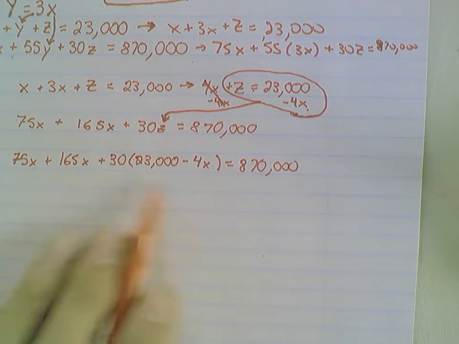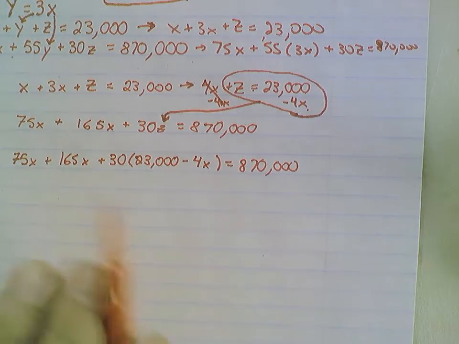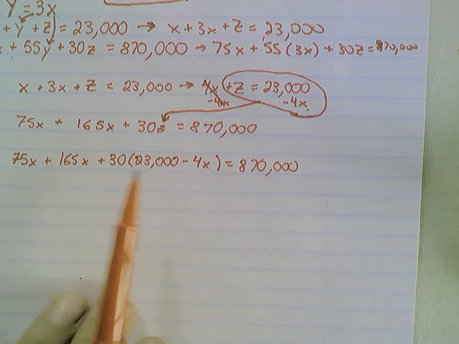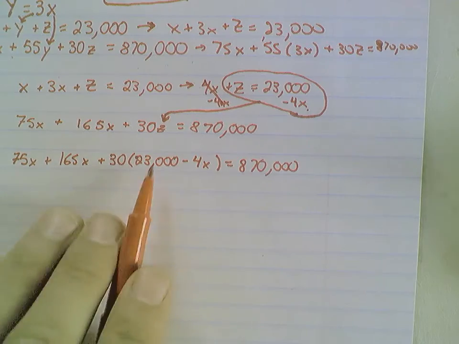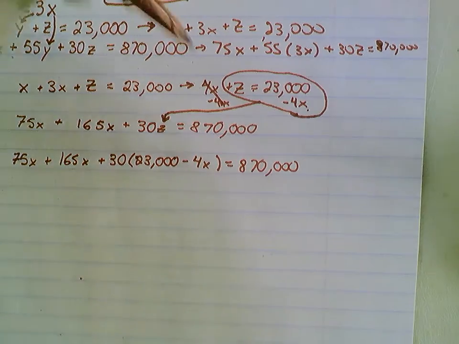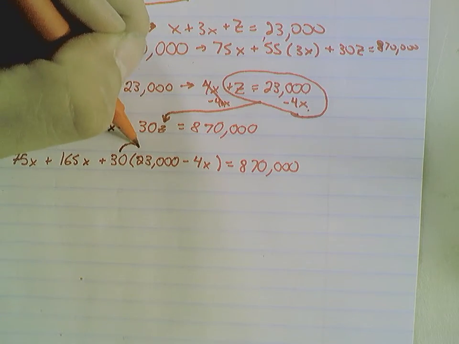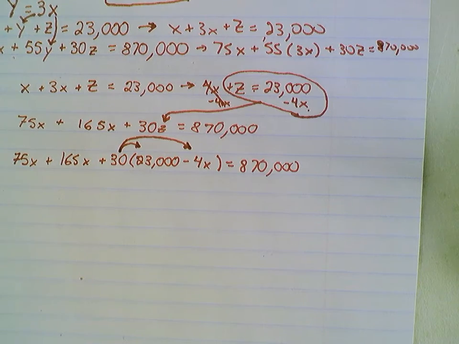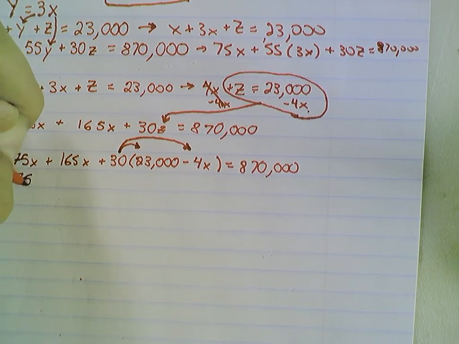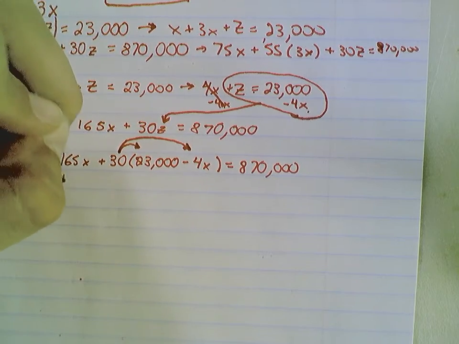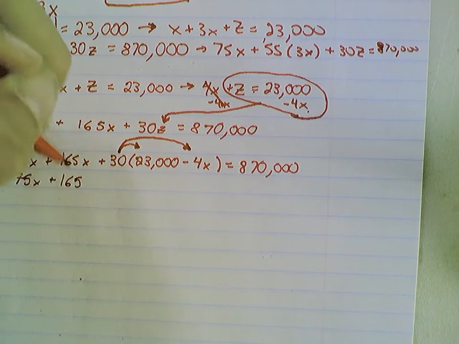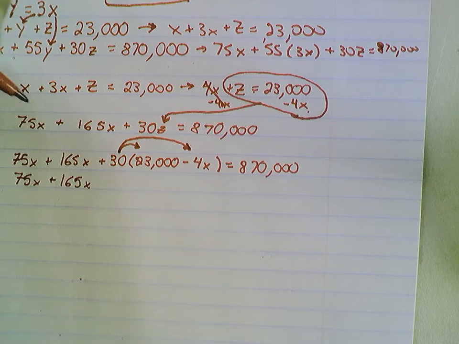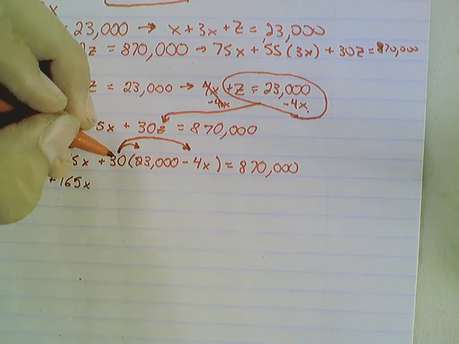Now, because I have it all in terms of x, this just becomes solving the equation for x. So I have a number next to parentheses. So the property we can use here is distribution. I can distribute this 30 to both terms inside the parentheses. So notice I haven't done anything with the 75x, so I'm going to leave it. I can't do anything with this 165x, I'm going to leave that as well. But I have distributed this.